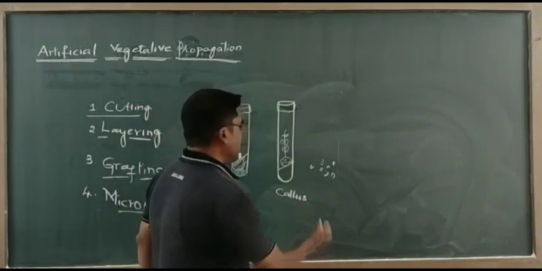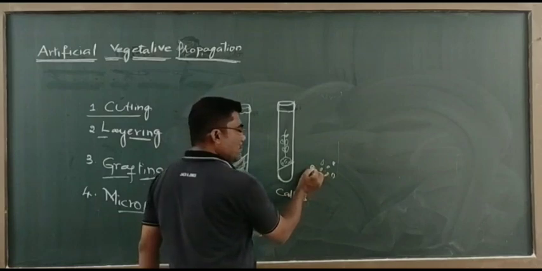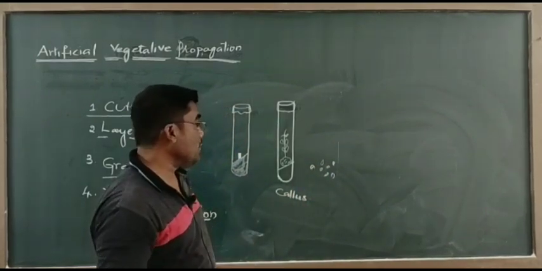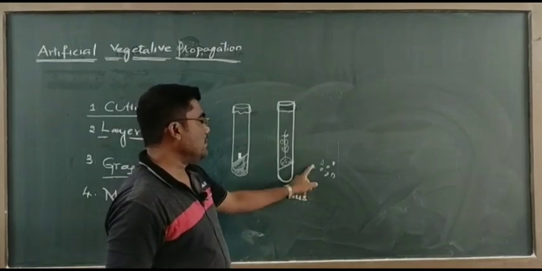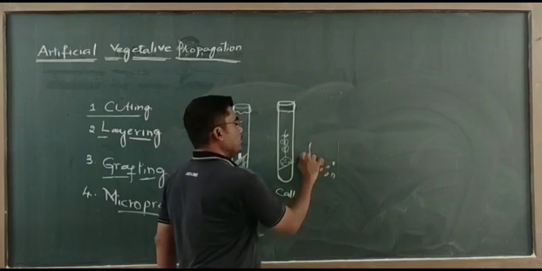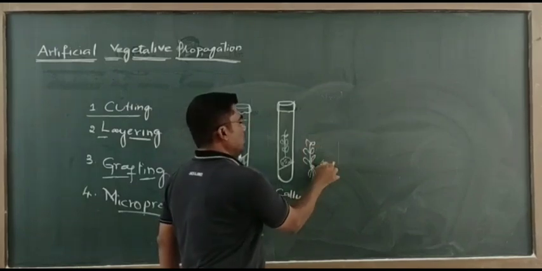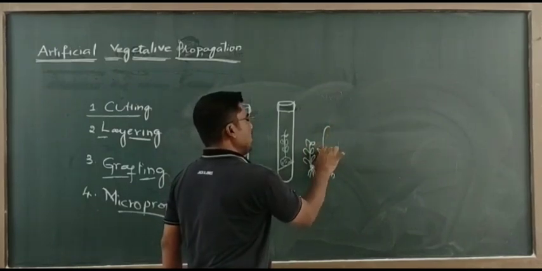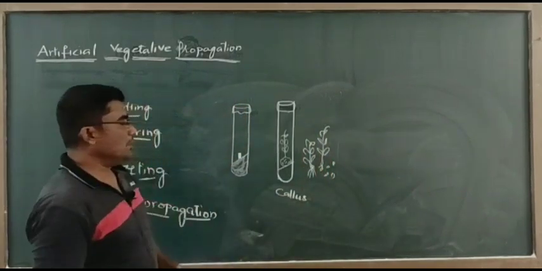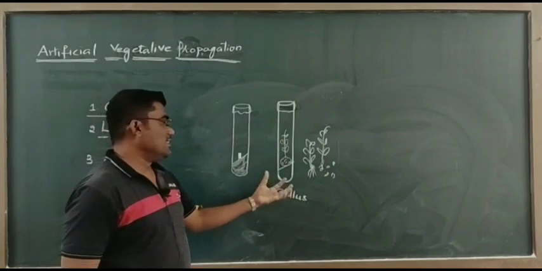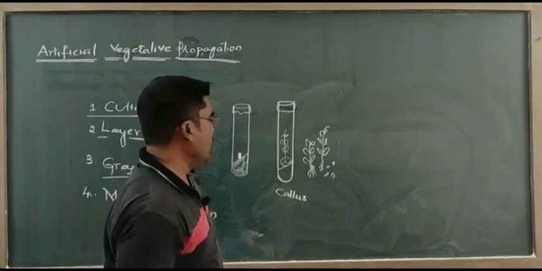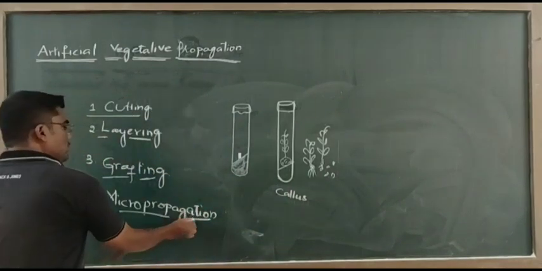After that, when each piece of callus proliferates and regenerates properly, each piece has the capability to produce new plants, because this technique totally depends upon the totipotency of the cell.